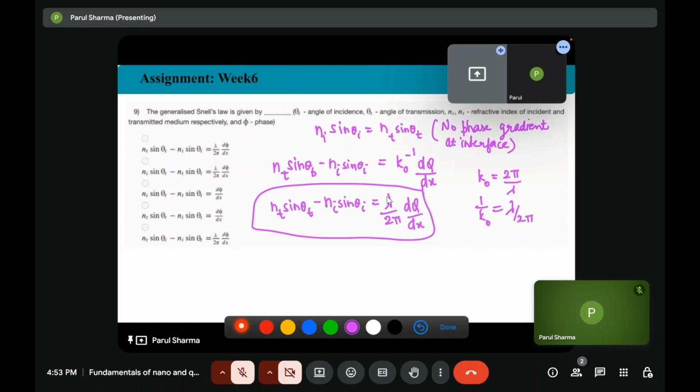Now we were asked about the transmitted wave, the transmitted medium.